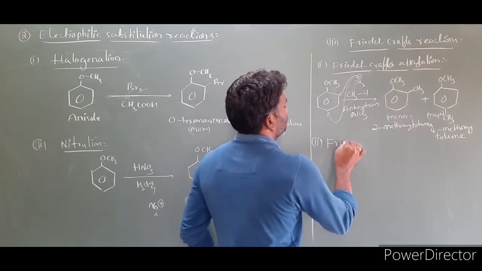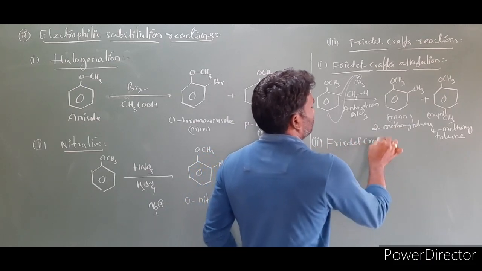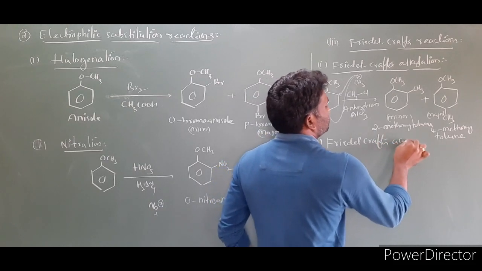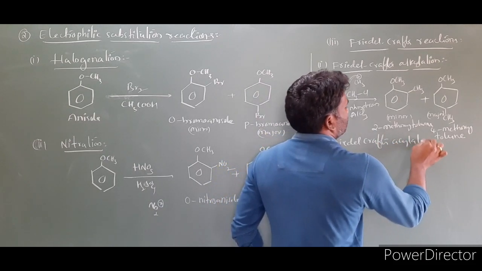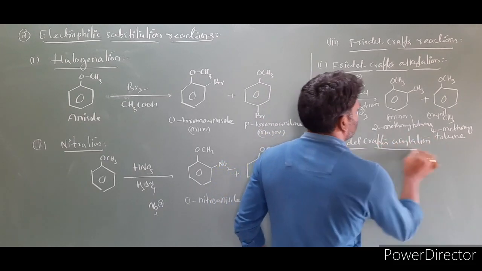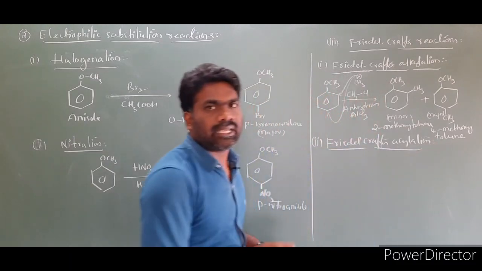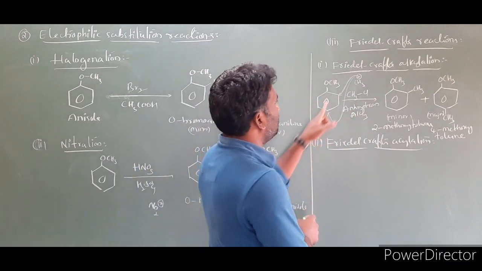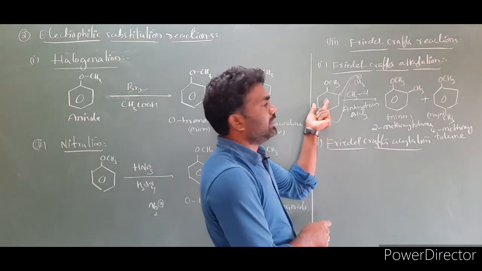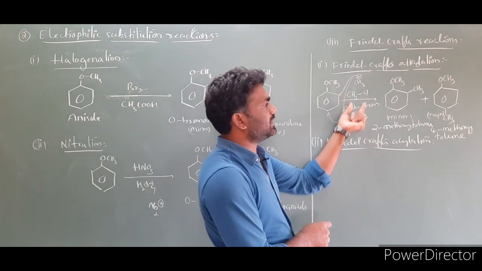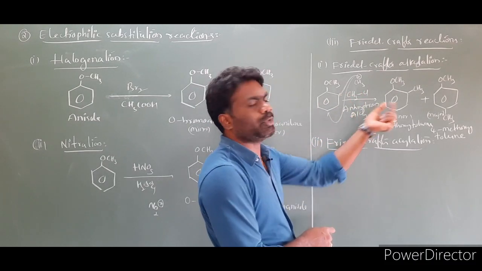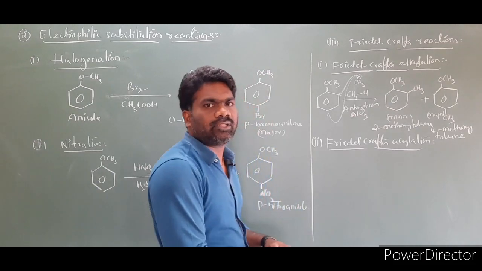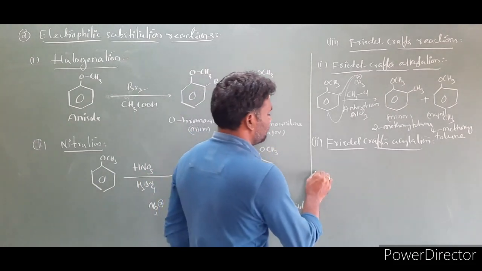And the second one is Friedel-Crafts acylation. Friedel-Crafts acylation is nothing but anisole reacting with an acid chloride in presence of anhydrous AlCl3, which will produce one ortho product and another para product. I will show the reaction first.